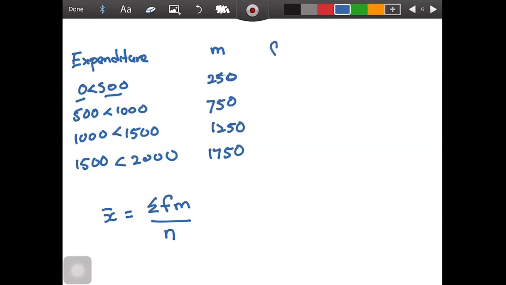From the question, the frequency for the first class is 40. Then the second class is 60, 15, and 25. So you need to insert into the formula. Here you have your fm, frequency times midpoint. 250 times 40 is 10,000.